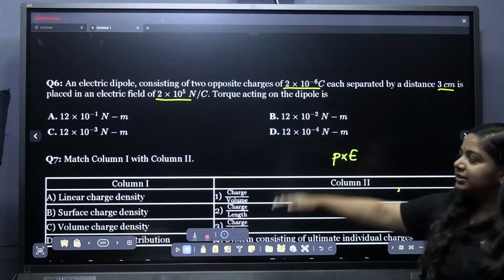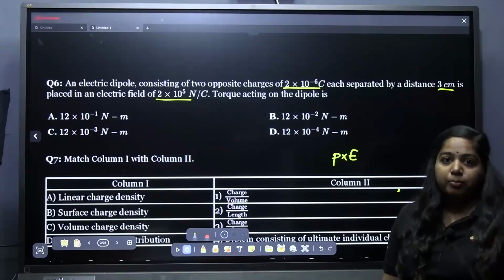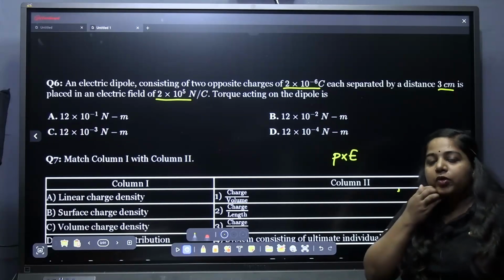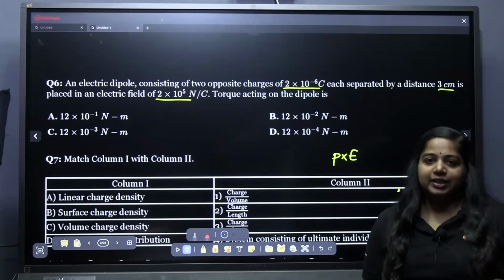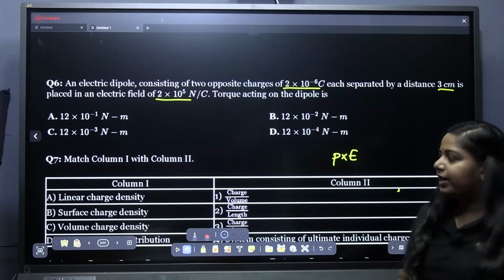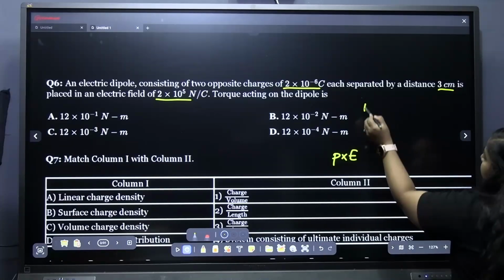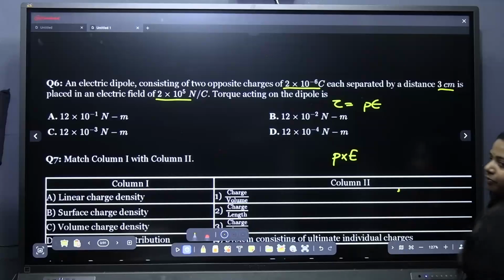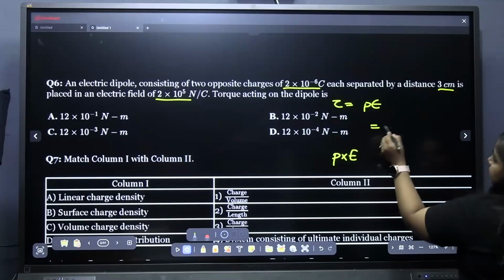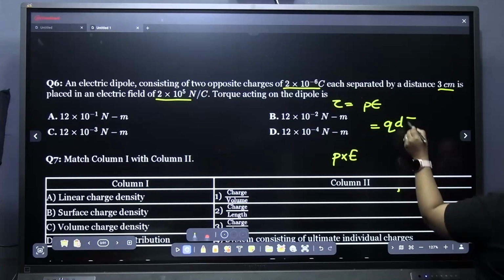In case theta is not mentioned, then what do we do? We take the maximum value of that, when we consider sin theta equal to 1. So P into E we will get torque, and P is equal to QD.